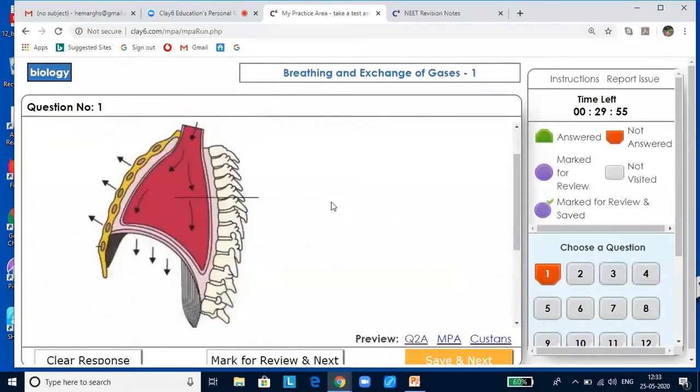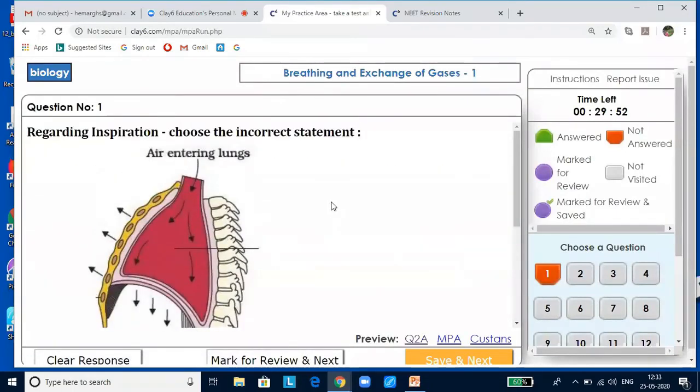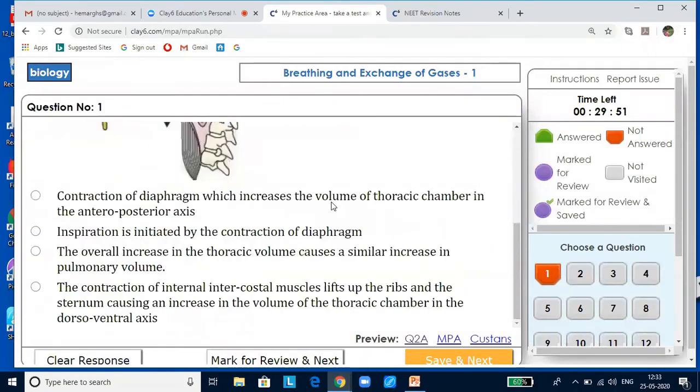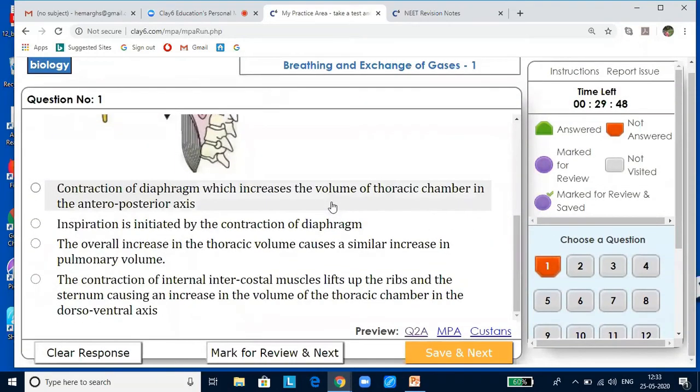Now regarding inspiration, choose the incorrect statement. So as I said, now let us look into the statement. Have a look at the choices. Look at it, the contraction of intercostal muscles lifts up the ribs and the sternum, causing an increase in the volume of the thoracic chamber in the dorsoventral axis.